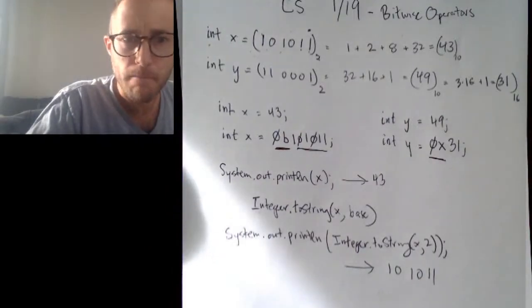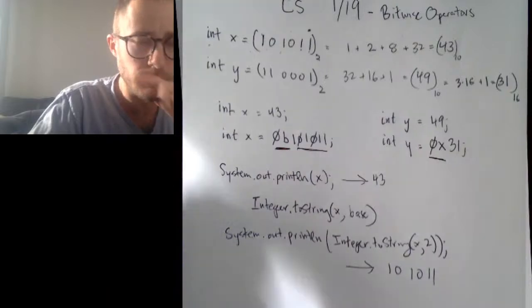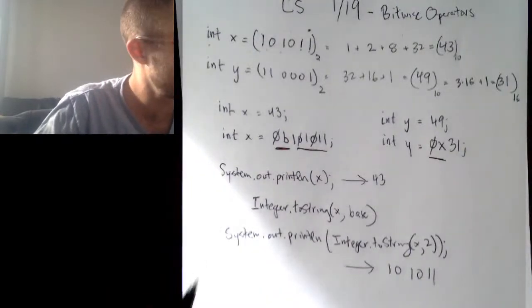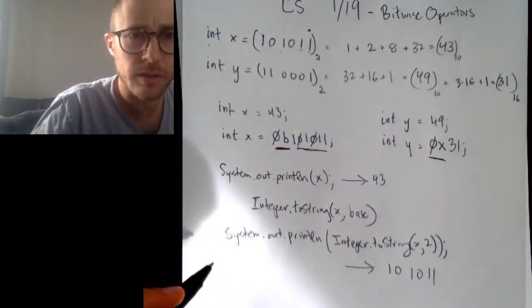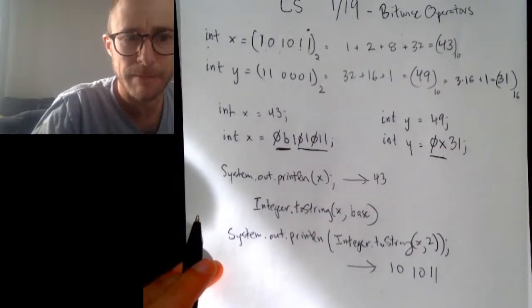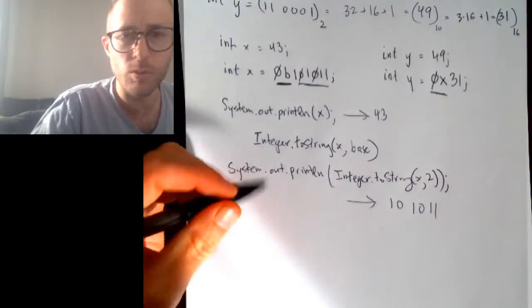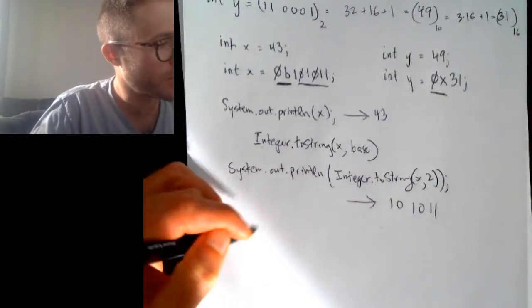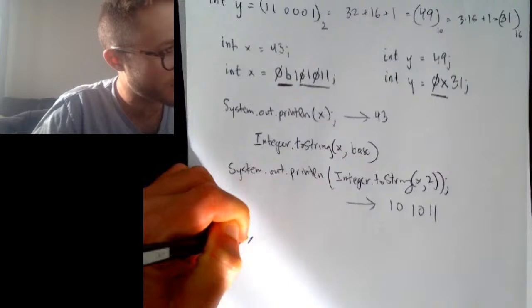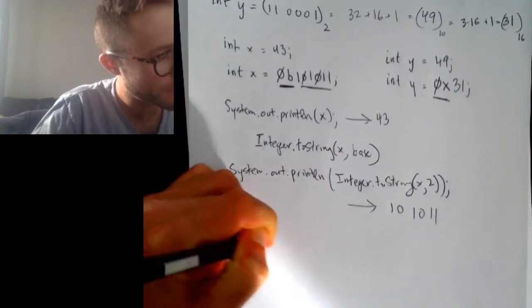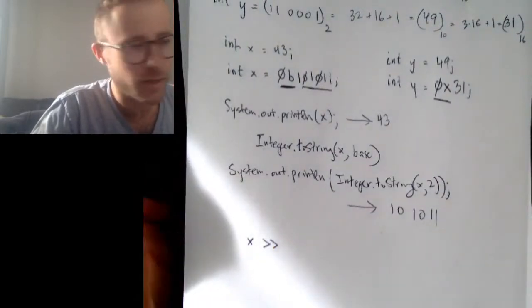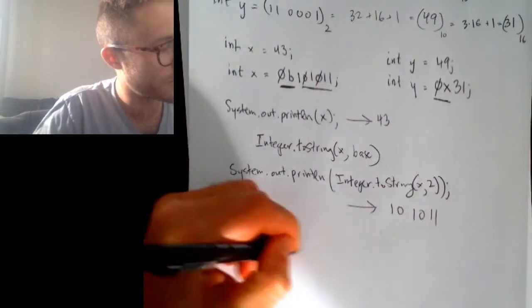All right. So let's go ahead and define some what are called bitwise operators. So what if I said x >> 2?